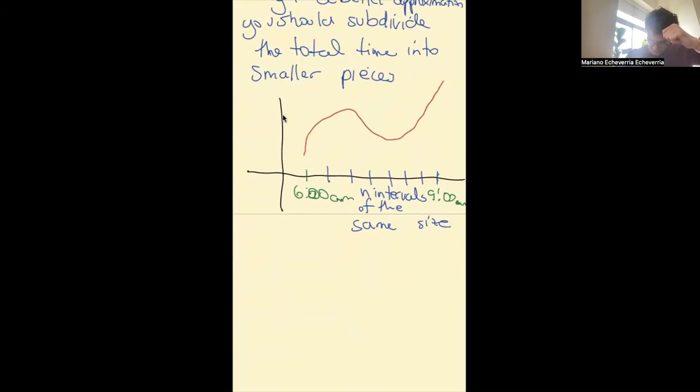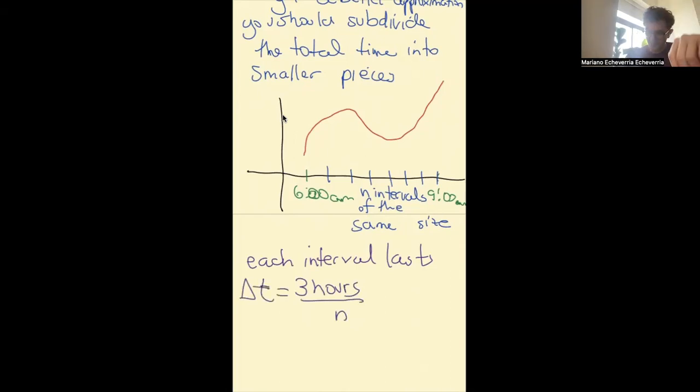So each interval lasts like what? 3 hours over n, right? And let's call that time interval delta t. Is that making sense? So when I broke this into 6 pieces, each interval was 30 minutes, right? But if you break this into more pieces, then the time intervals would be shorter.